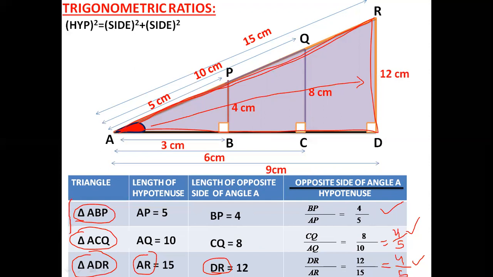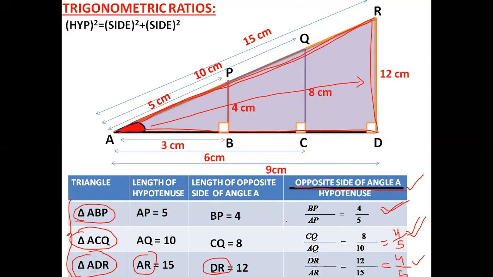In these similar right angle triangles, the ratio of the opposite side of angle A and the hypotenuse is equal. That ratio is a fixed constant, 4 by 5 in all similar right angle triangles.